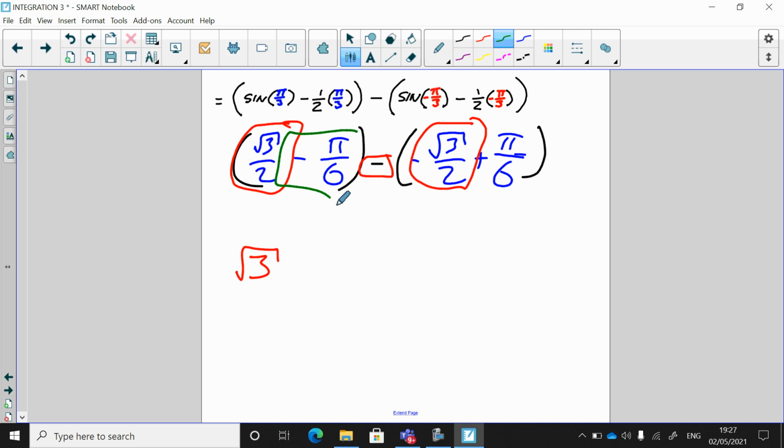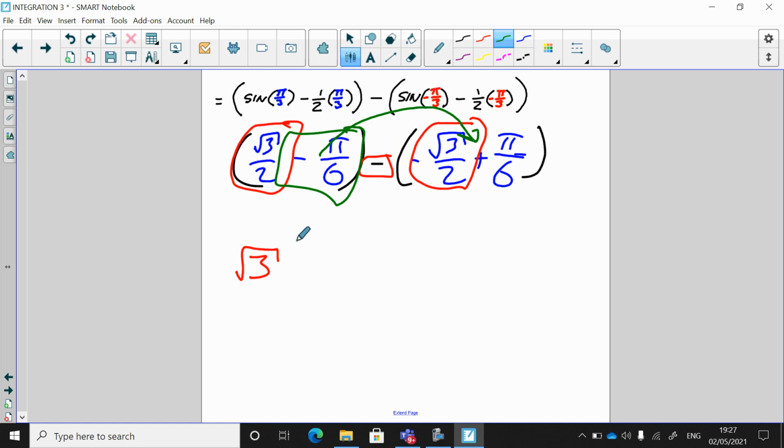Next part, negative pi over 6. Have I made a mistake here? Right, so I've got negative pi over 6, and I'm taking away positive pi over 6.